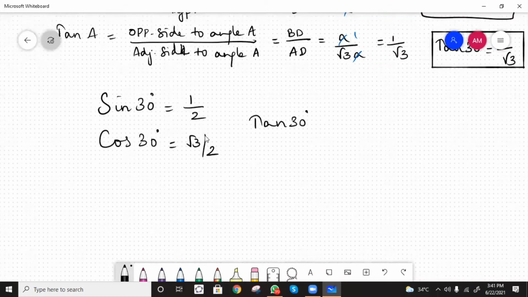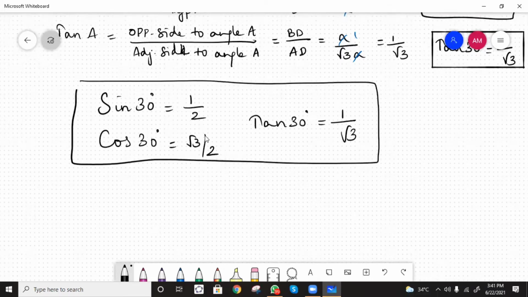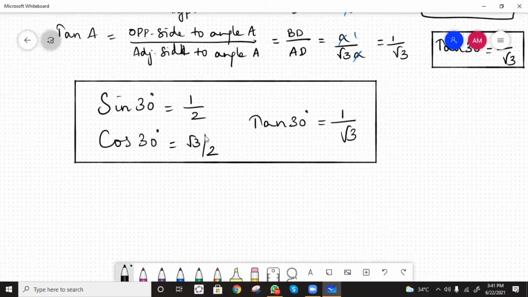We can either find tan 30 by the definition, opposite side by adjacent side, or simply sin 30 by cos 30. 1 by 2 divided by root 3 by 2, the 2s get cancelled, and we get tan 30 equal to 1 by root 3. So we completed sin 45, cos 45, tan 45, and later sin 30, cos 30, tan 30.